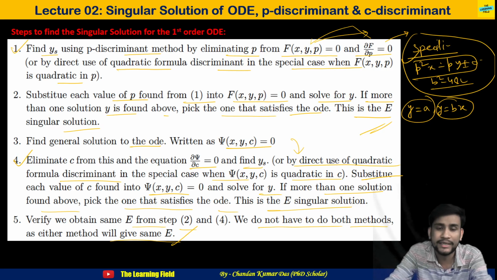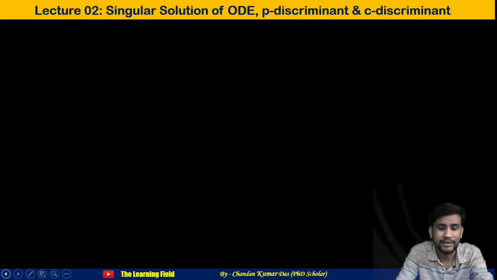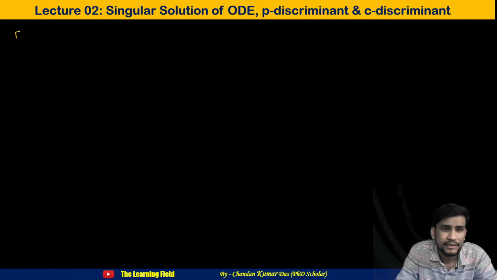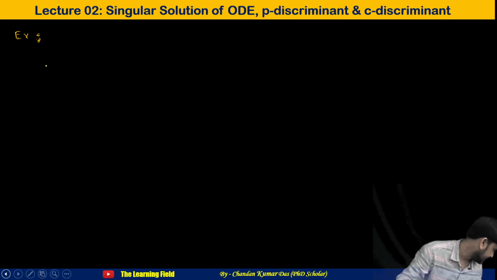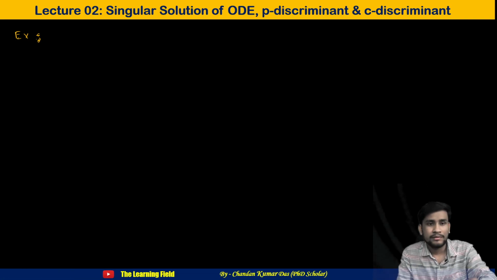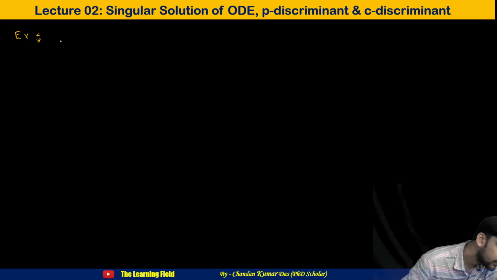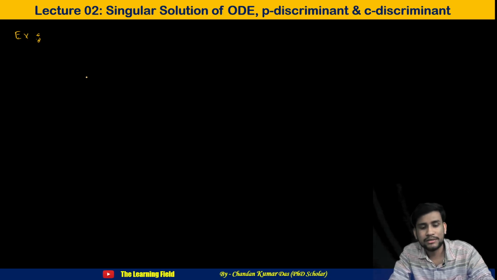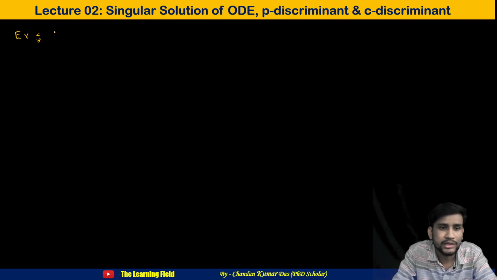Fine. Now let us see an example here. The equation is, suppose, 9p square into (2 minus y) whole square is equal to 4 into (3 minus y).